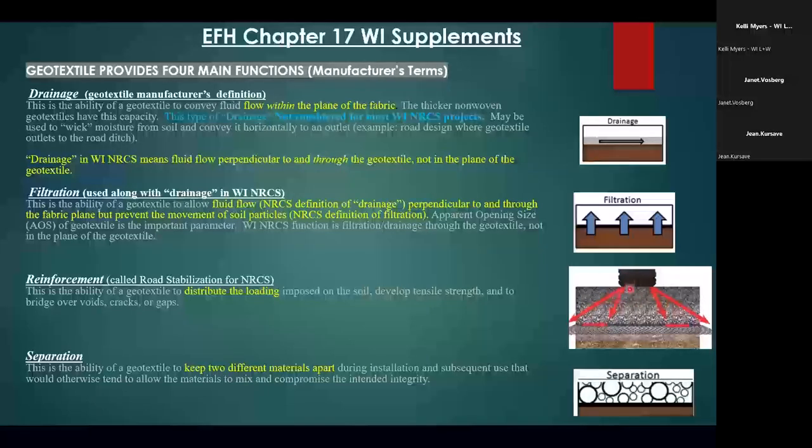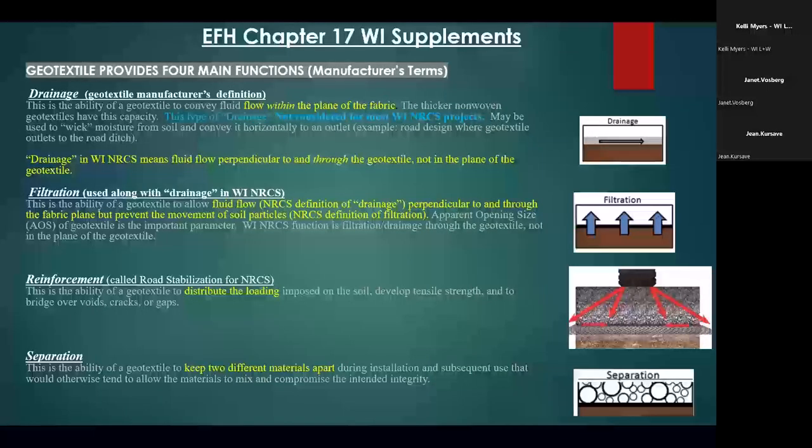As you can see, a wheel pushes down and it's pushing out on the geotextile, and the geotextile is serving to resist those forces pushing out and to kind of pull things back together. So that's more of a tensile strength situation going on there. So reinforcement to them is something a little different. We call it road stabilization here. And separation, again, we're on the same page. You're just purely putting something in to hold a finer material, separate it from a larger material so they don't mix.